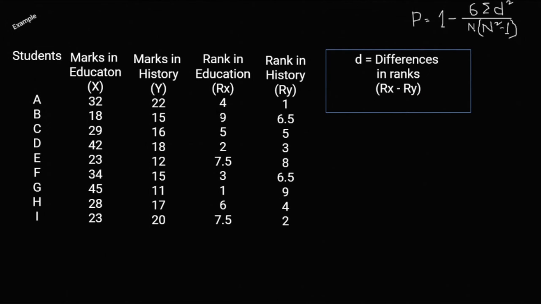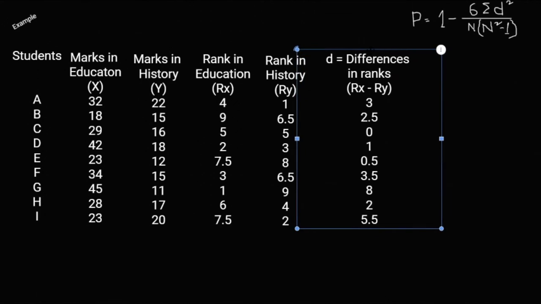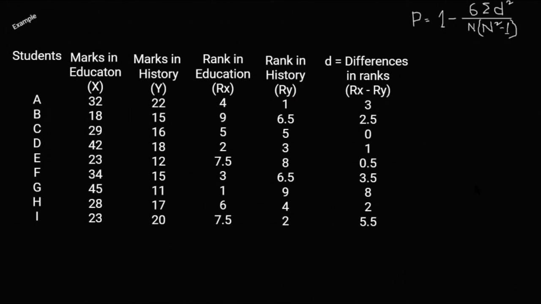So 4 minus 1 is 3. 9 minus 6.5 is 2.5. 5 minus 5 is 0. 2 minus 3 is 1. 7.5 minus 8 is 0.5. 3 minus 6.5 is 3.5. 1 minus 9 equals 8, and 6 minus 4 is 2. 7.5 minus 2 is 5.5.